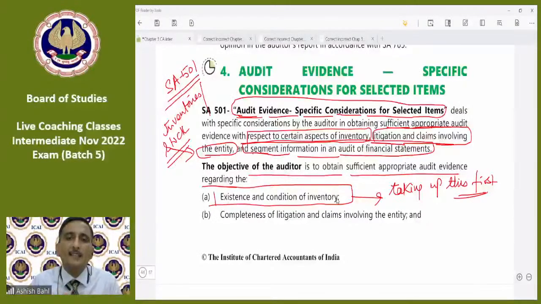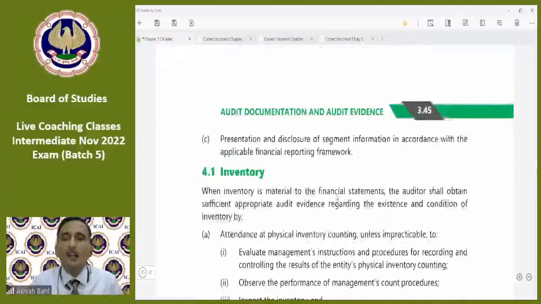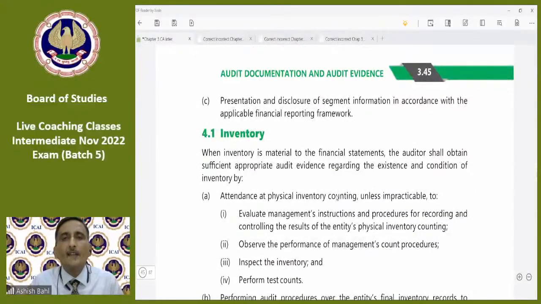First, we shall be discussing only the procedures which are applied by the auditor to obtain sufficient appropriate audit evidence regarding existence and condition of the inventories. So SA 501 requires the auditor to obtain sufficient appropriate audit evidence regarding the existence and condition. So this is the first point.